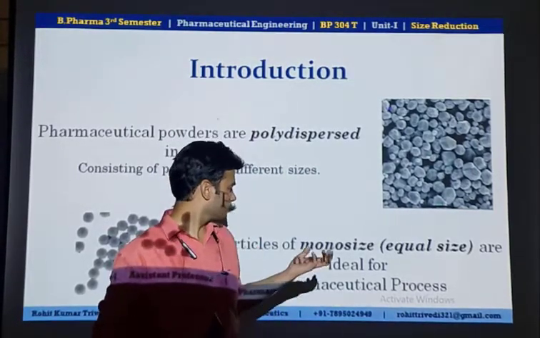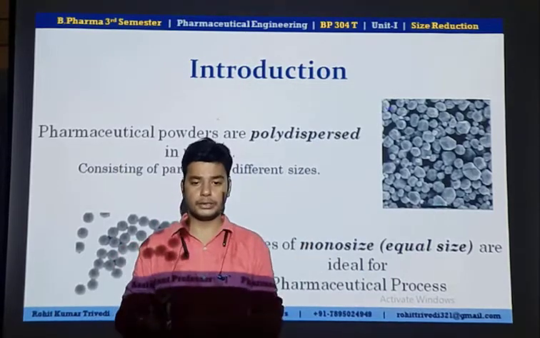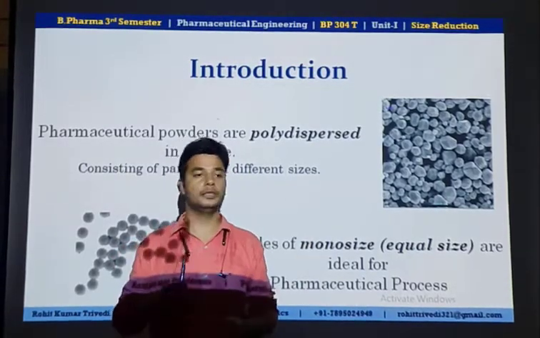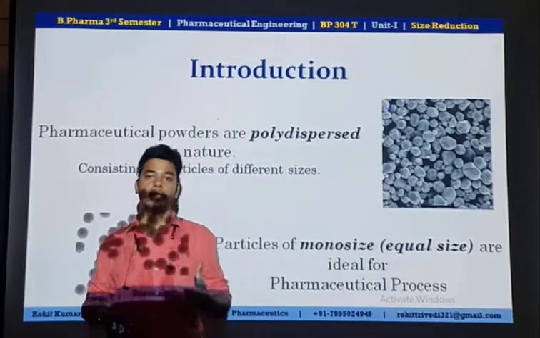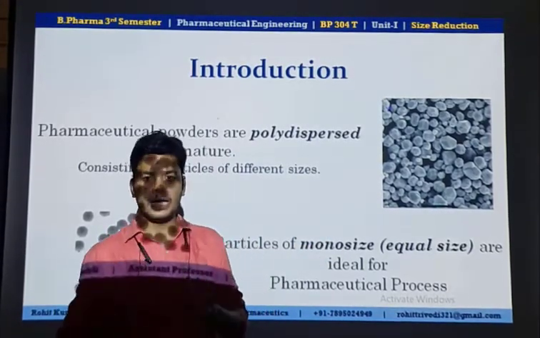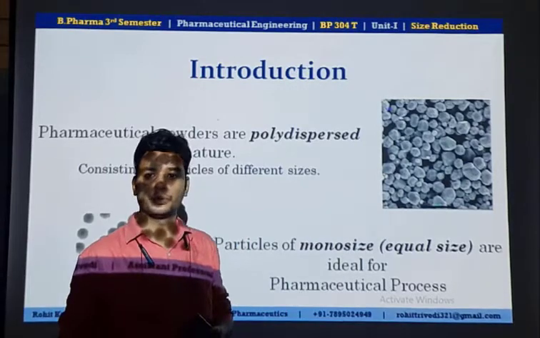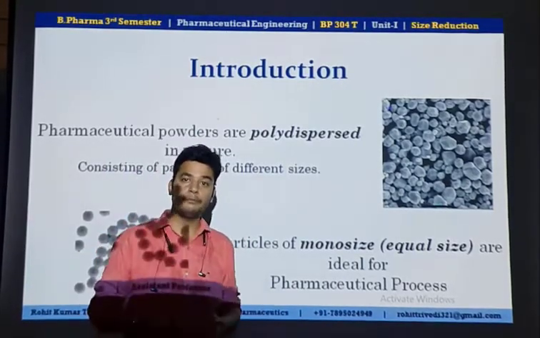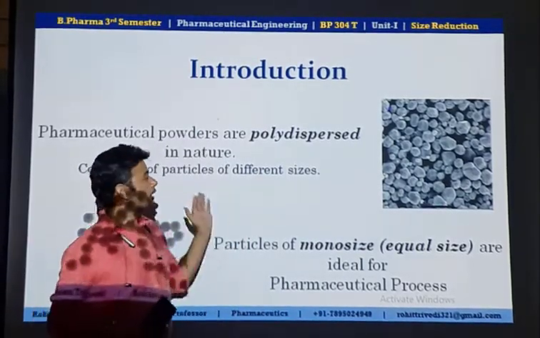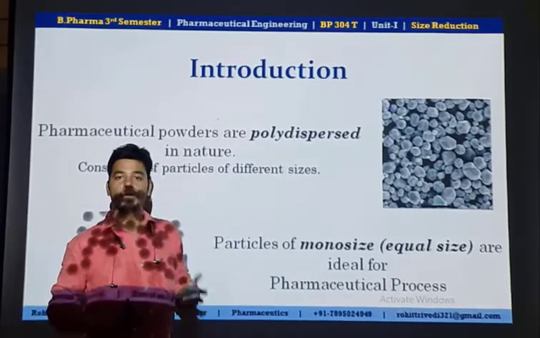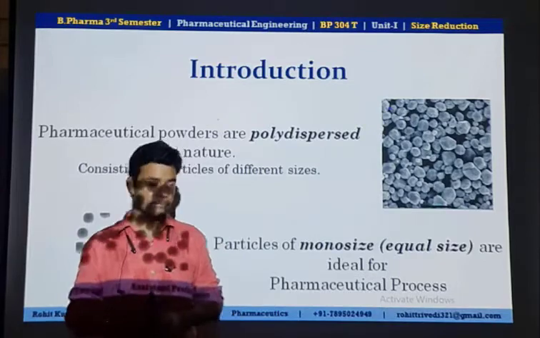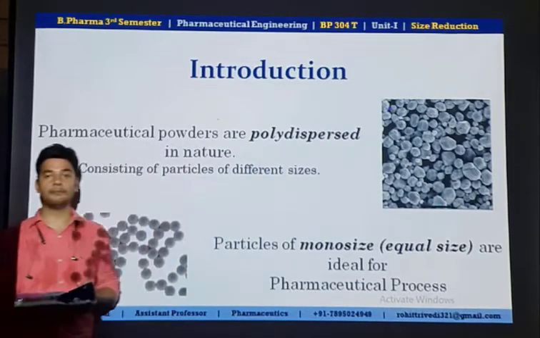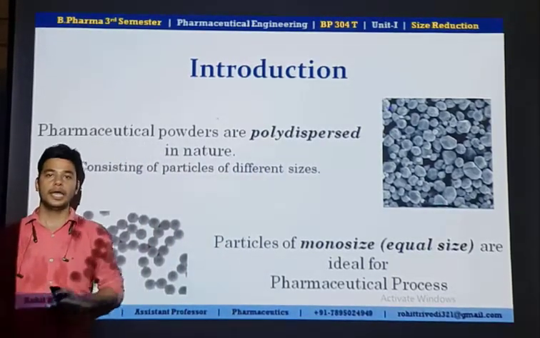In each and every pharmaceutical process, if we have a monosized system, we will have uniformity in mixing and many other aspects too. Our primary aim in the process of size reduction is to form particles of the same or equal sizes.